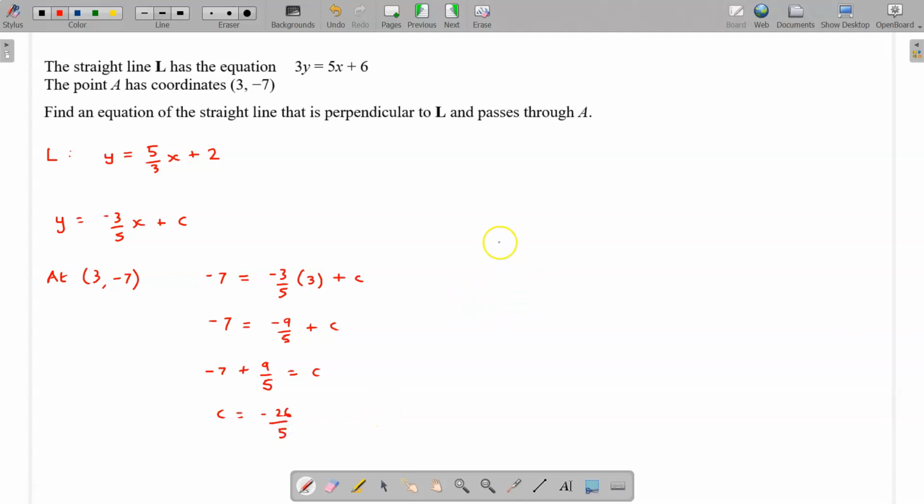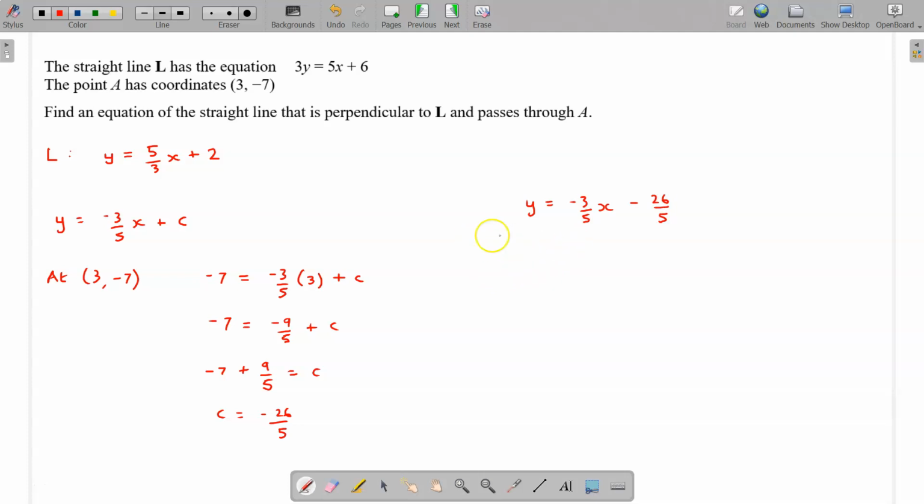So the equation of the line that we want is y equals negative 3/5 of x. And now we know what c is, we write it as negative 26/5. And that will be your answer.